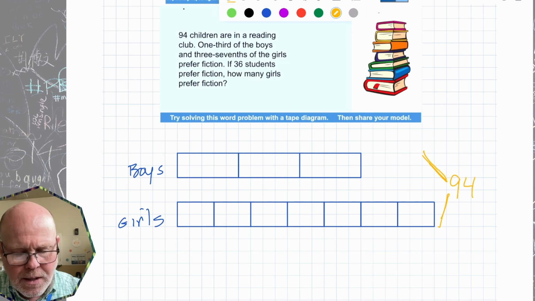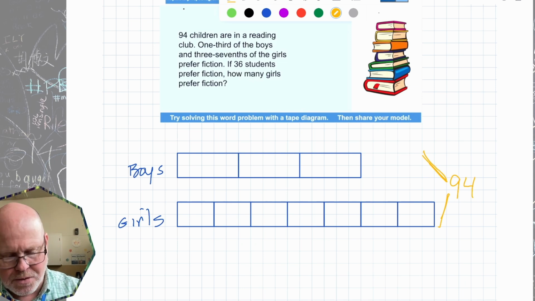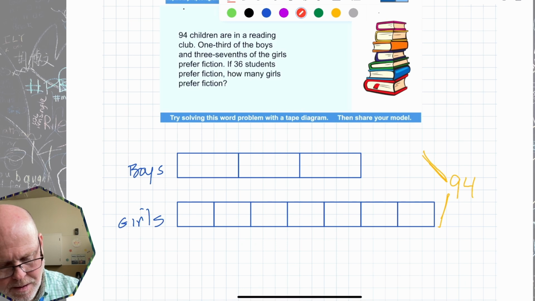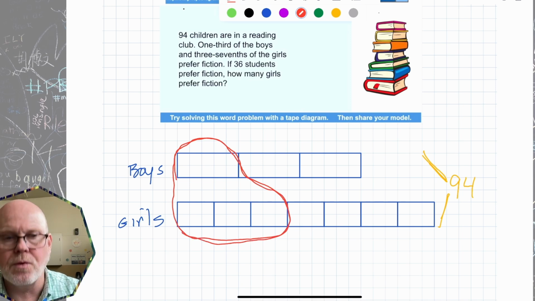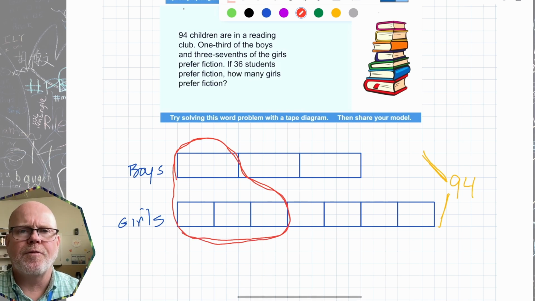Now it says 1/3 of the boys and 3/7 of the girls prefer fiction. So what does that mean? That means 1/3 of the boys and 3/7 of the girls, so these 4 units prefer fiction.